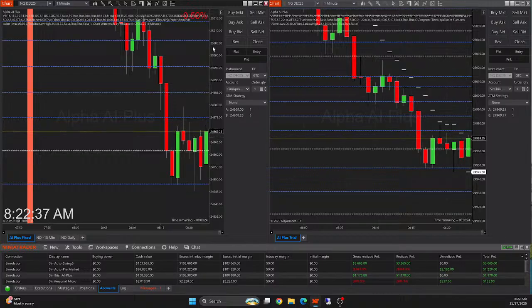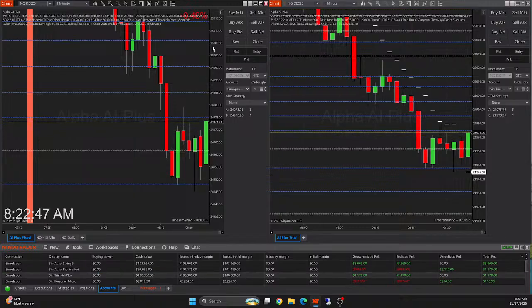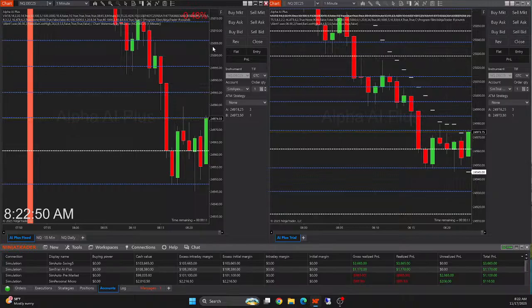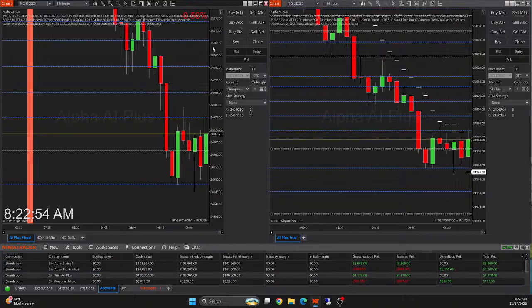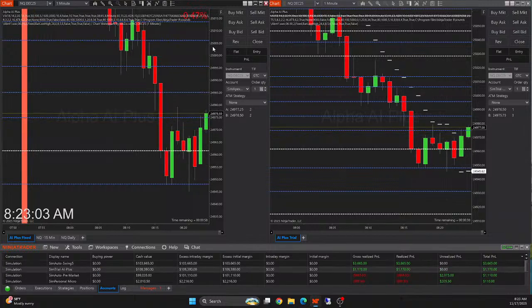Market pushing up a little bit now. Come on. Pushing out back.